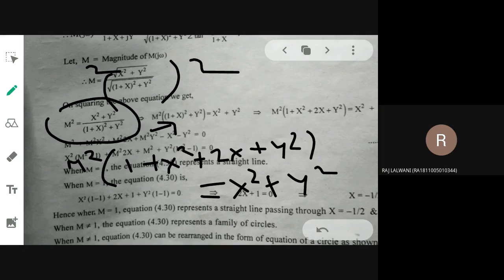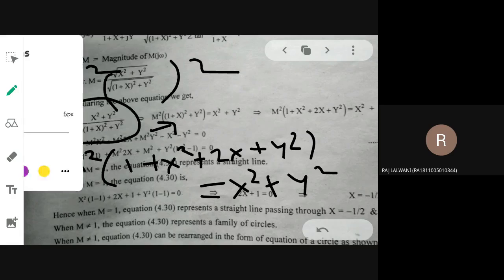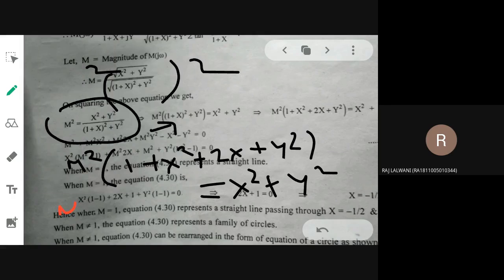Then you expand everything, you multiply m squared with all the terms. So you will be getting finally m squared plus m squared x squared plus m squared 2x plus m squared y squared. In this side you will be getting x squared plus y squared.